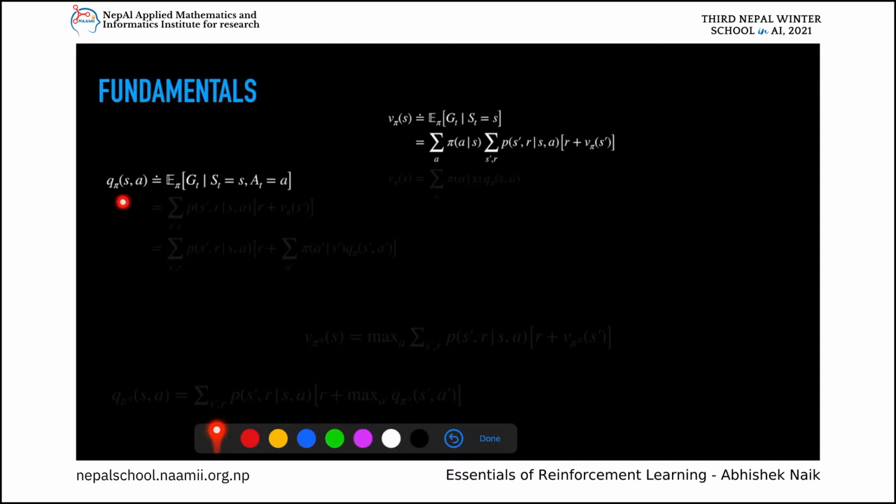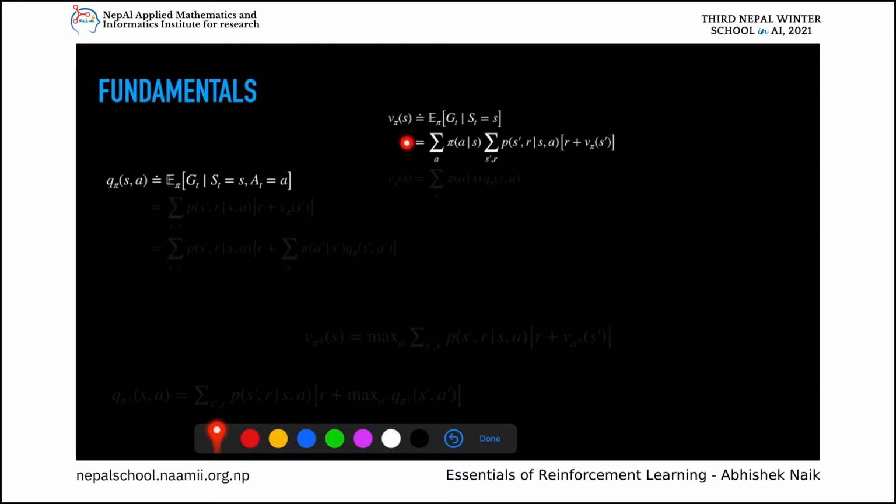Now, what if we wanted the value of a state after we take a certain action, right? So this is called an action value, because, state value, action value. Now, this is the expected return starting from state S and taking action A and then following policy pi thereafter, right?